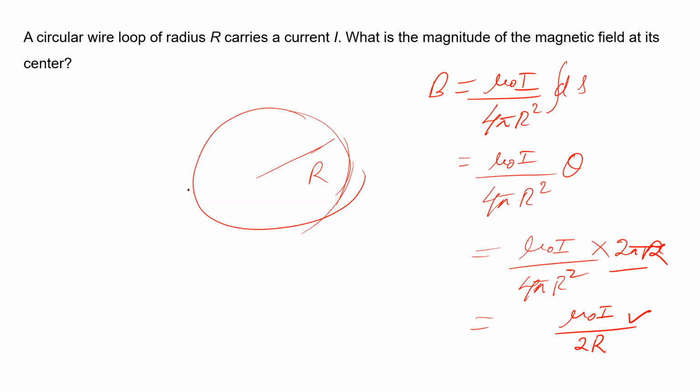So here this current carrying loop is a circle. Don't get confused: this current carrying loop is a circular loop.